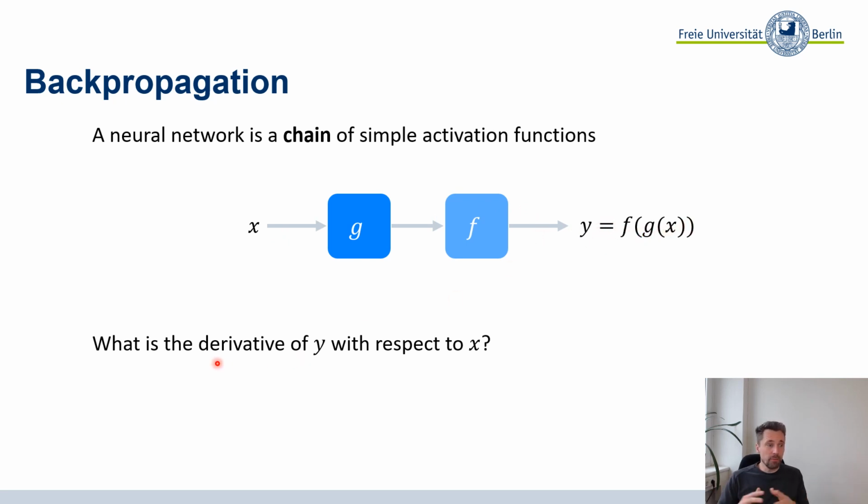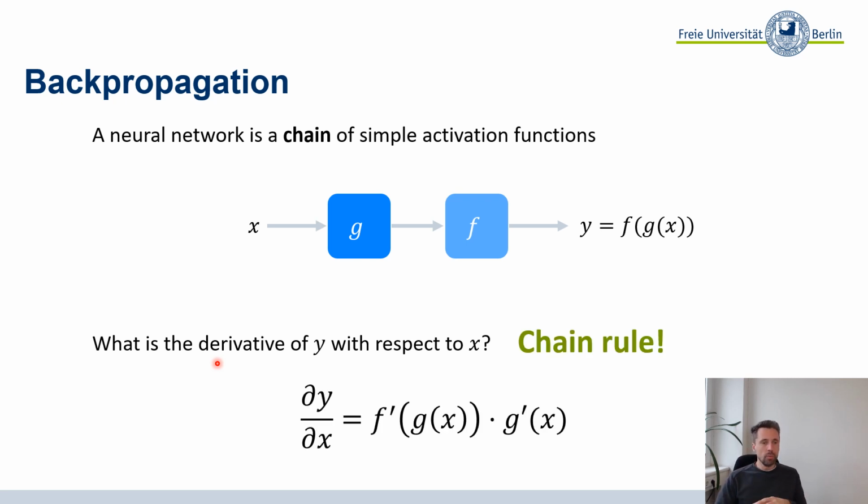So now what is the derivative of y with respect to x? Well, we have to apply the chain rule, which states we multiply the derivative of the outer function f prime at the input g of x times the derivative of g at the input x. So this is simple chain rule.